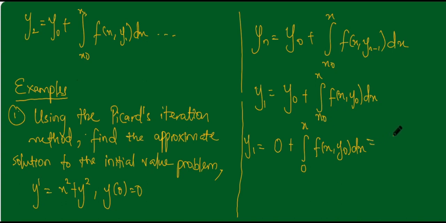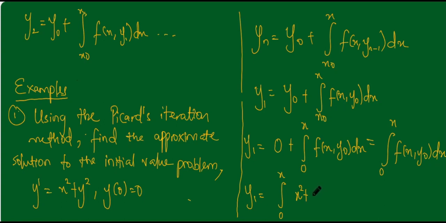And this is equivalent to the integral between 0 and x of f(x, y naught) dx. So our y1 now becomes the integral between limits 0 and x of the function we were given, which is x squared plus y squared.